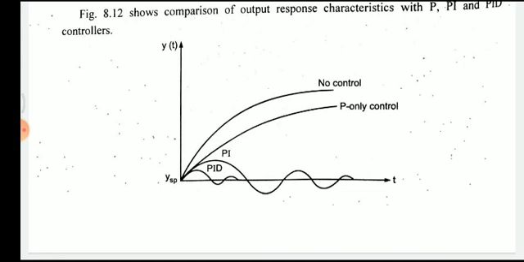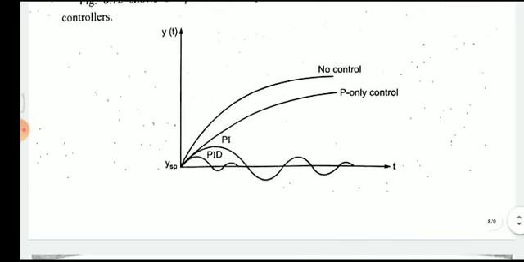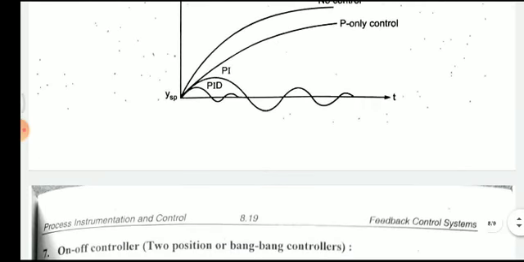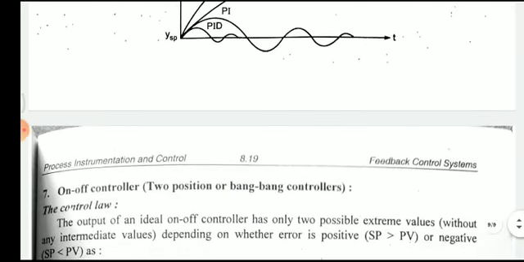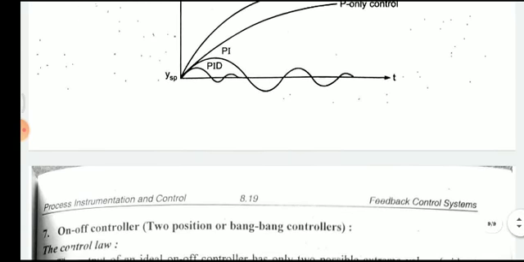Below the no control line is the P control line, only P control, and below that is the PI controller. The oscillating layer is positive, negative and increasing with respect to time, and the PID compared to the PI control can be seen more clearly.